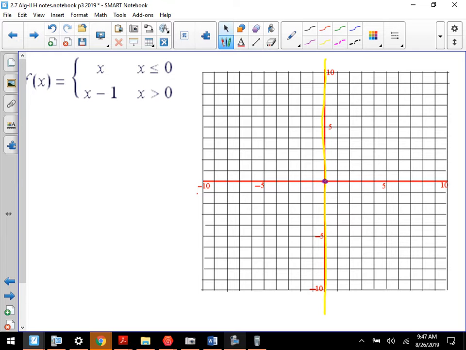Oh, but that 0 line is there, that imaginary vertical line, which means I have to look at my domain restrictions. Less than or equal to. Should that be an open or a closed dot at 0? Closed. Good. So I'm just going to make an overly sized closed dot here. And then normally, I would walk my slope. My slope is a positive 1, which means I'd go up and right 1 every time.